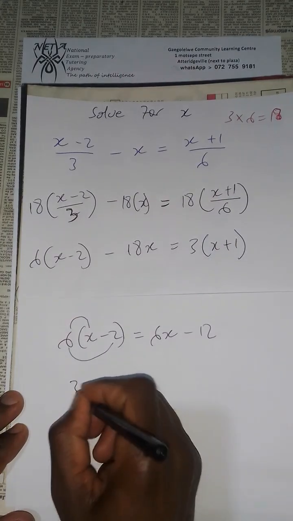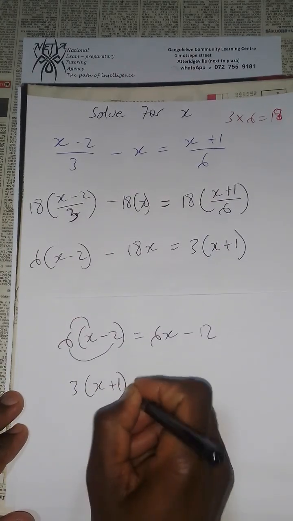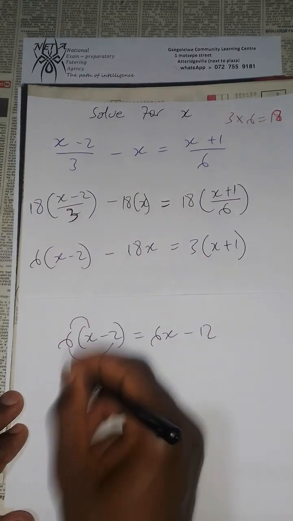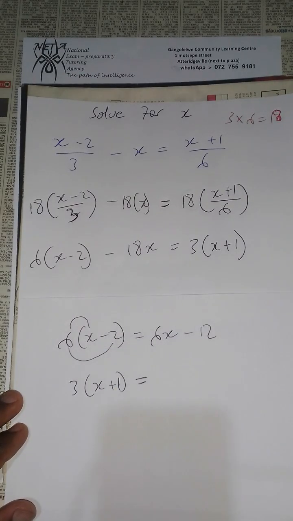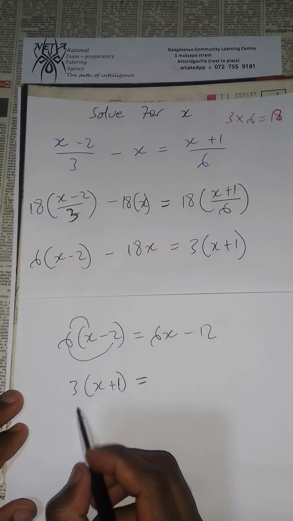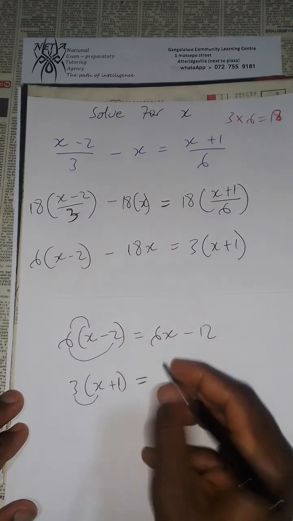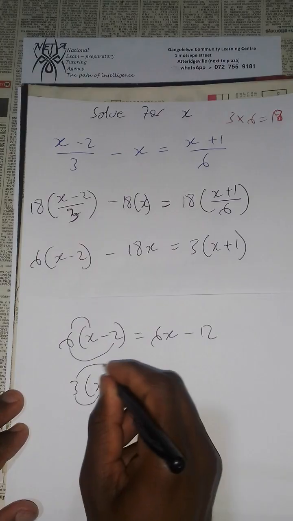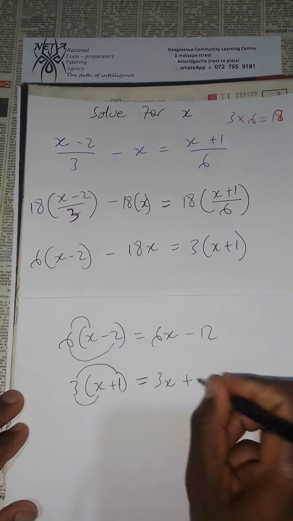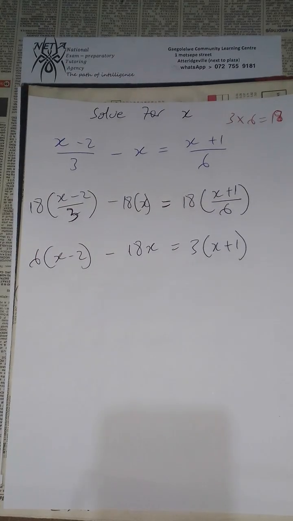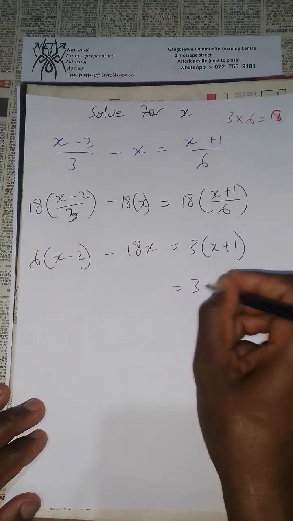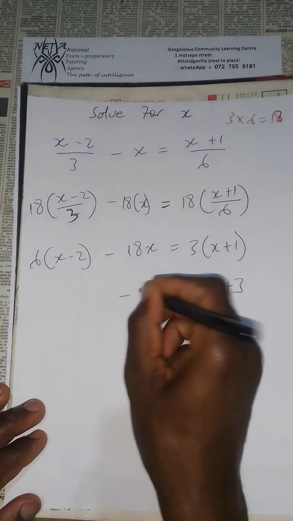The same thing happens to 3 into x plus 1. We're going to dissolve our brackets through multiplying every term inside the brackets with the term outside the bracket, which is going to be 3 times x is 3x, and 3 times 1 is positive 3. Now we're going to have 3x plus 3.